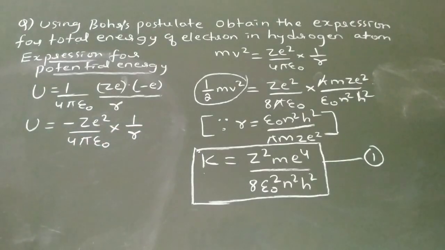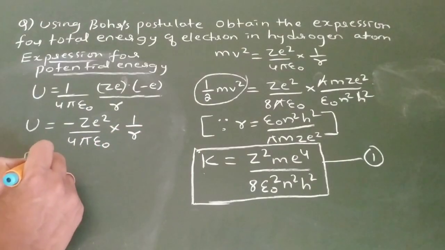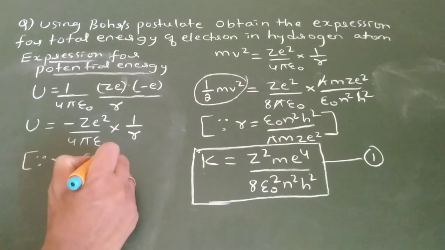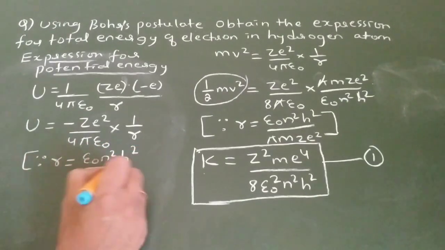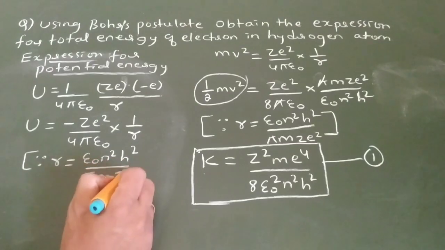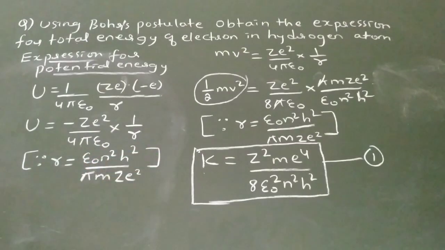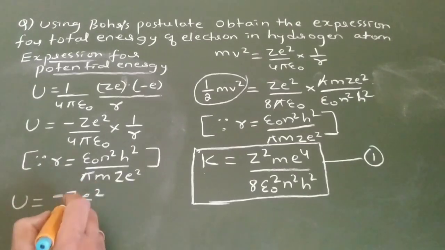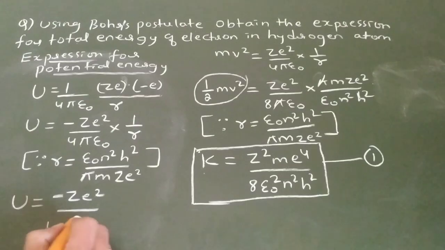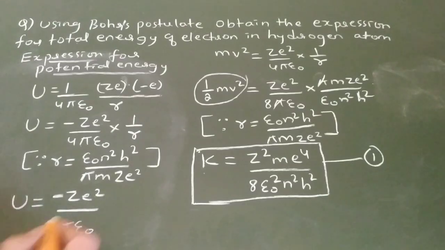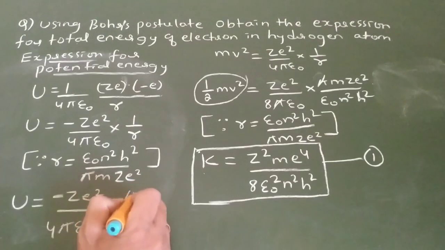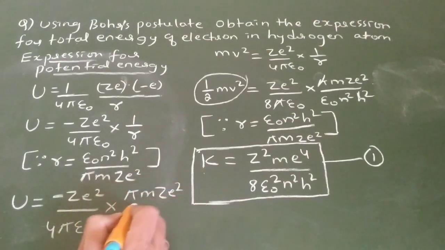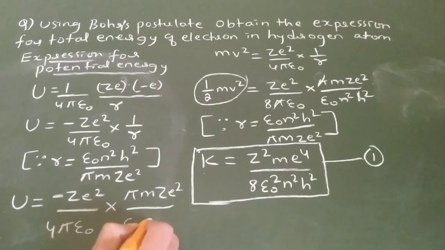Here also, if I substitute, since r is equal to epsilon naught n square h square divided by pi m Ze square, I can write U is equal to minus Ze square divided by 4 pi epsilon naught into pi m Ze square divided by epsilon naught n square h square.